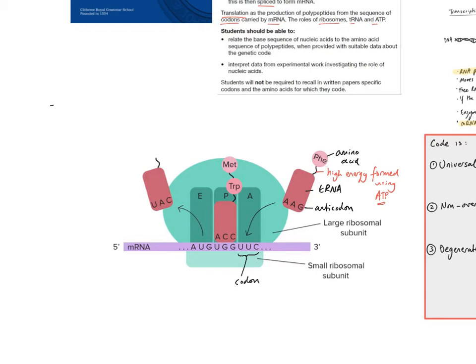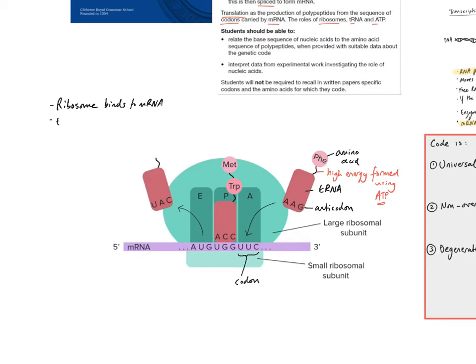So first thing, ribosome, 1 mark. Let's put binds to mRNA. Let's do it properly. So I've got 1 mark. Then I need to talk about this complementary base pairing.